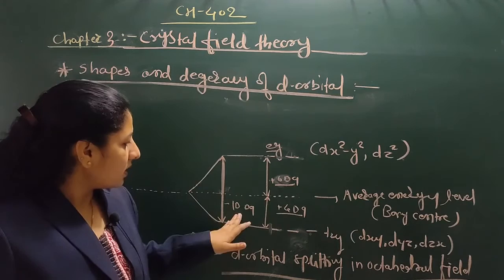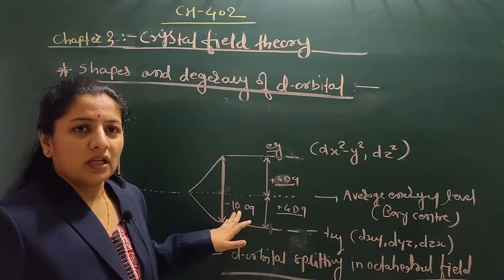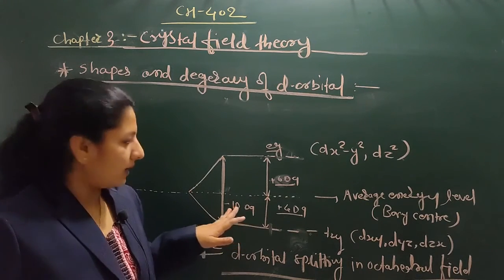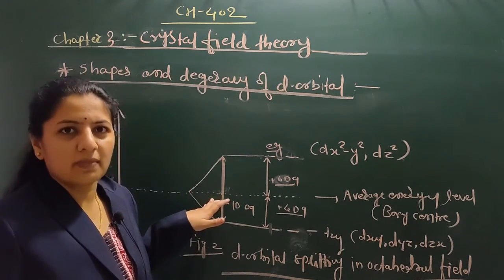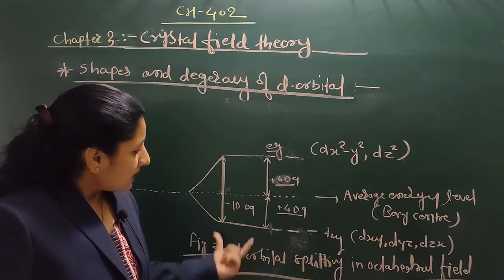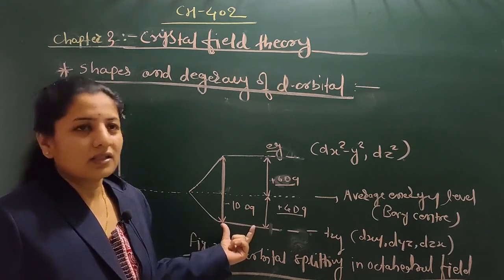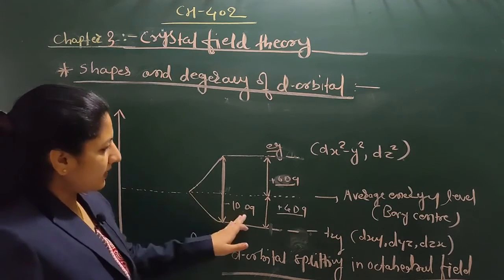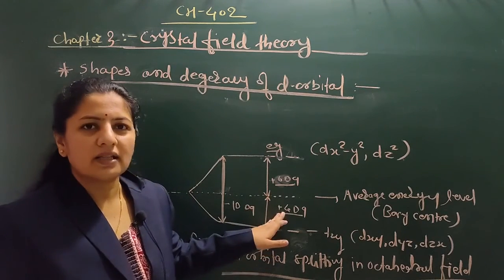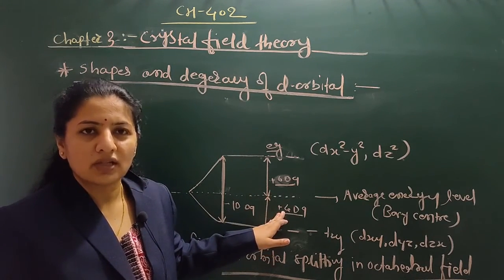The total energy separation between t2g and eg is 10 dq, and the center, the average energy level, is known as the barycenter. This effect is known as the crystal field effect. Due to that, the d orbitals get divided into 2 sets, that is t2g and eg.